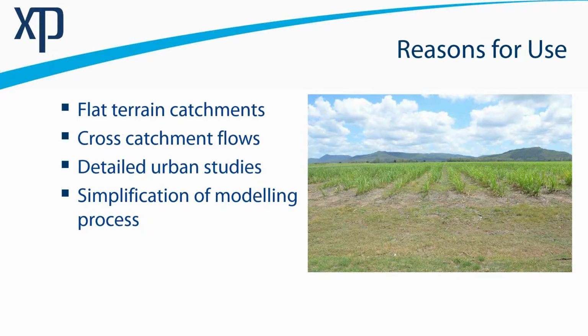So where would you use direct rainfall? Well, we're seeing it used everywhere, really, but one of the most common areas is the very flat terrain catchments, because the primary problem with the more traditional methods in these areas is that it's very, very hard to delineate your subcatchments.